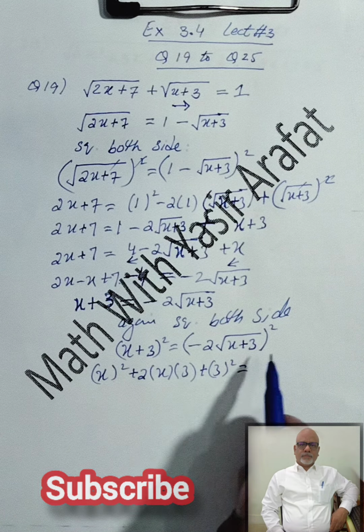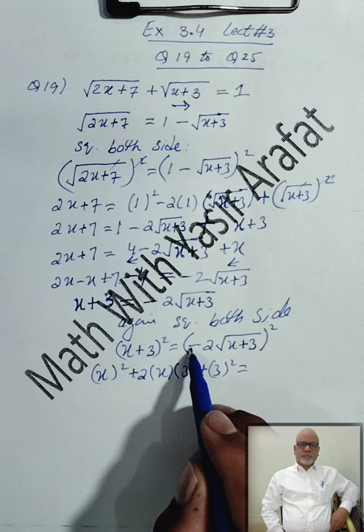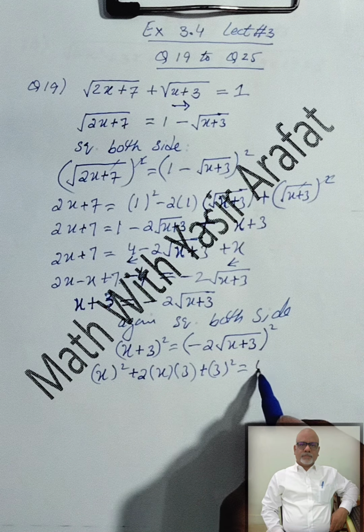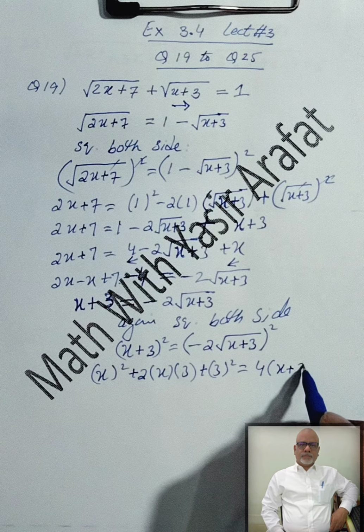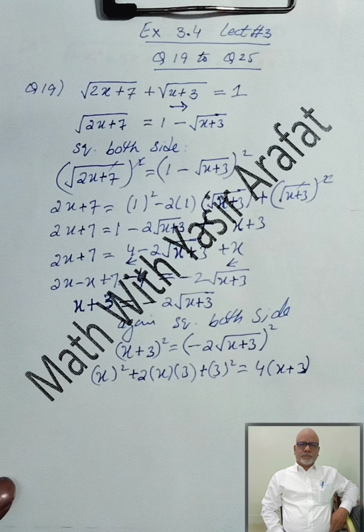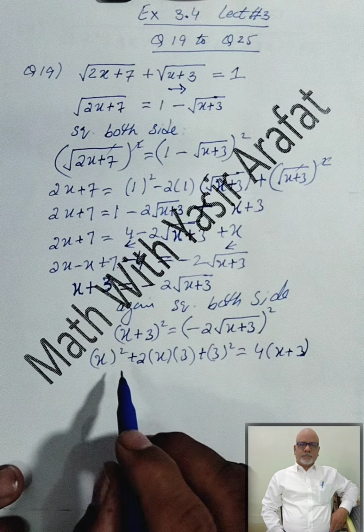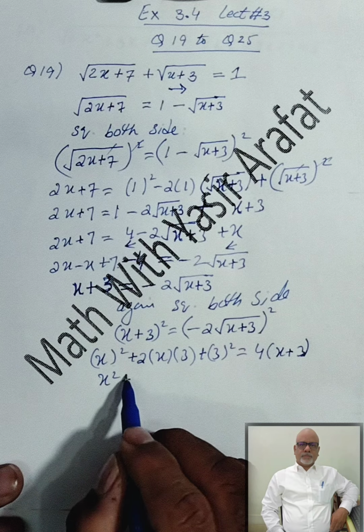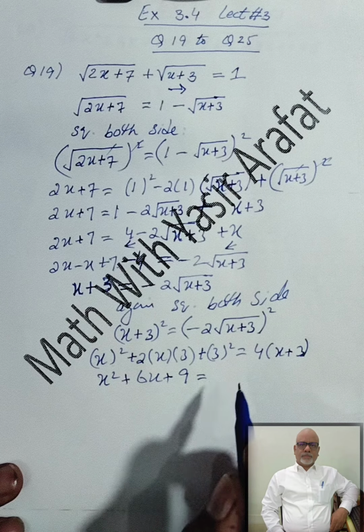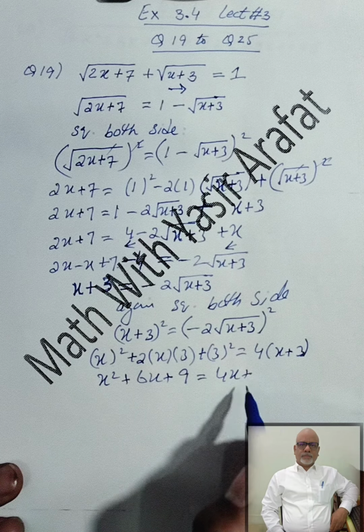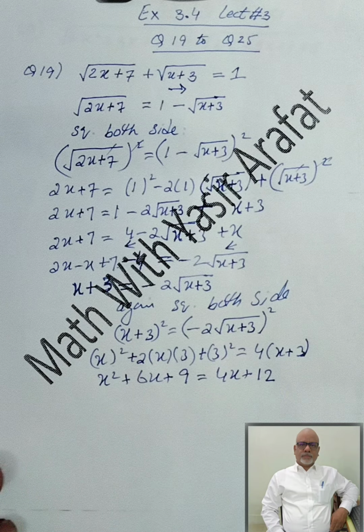And now power even, negative will change into positive. 2 square means 4 and radical x plus 3 means x plus 3. Now this is x square, 2 3s are 6x plus 9, it is equal to 4x, 4 3s are 12.